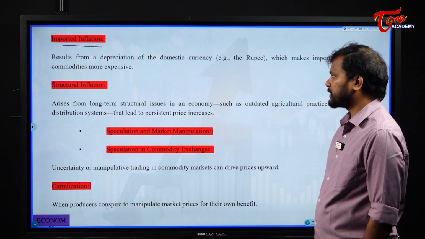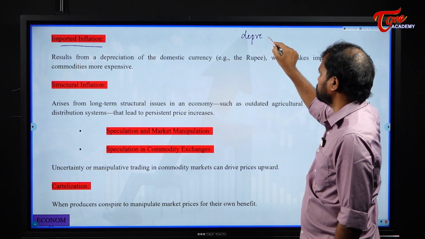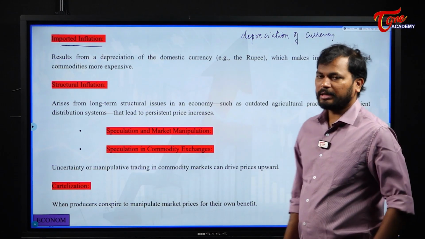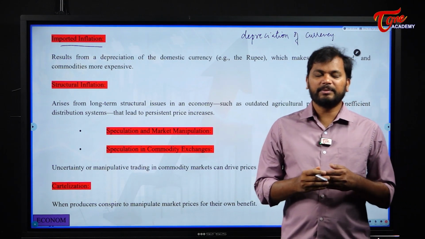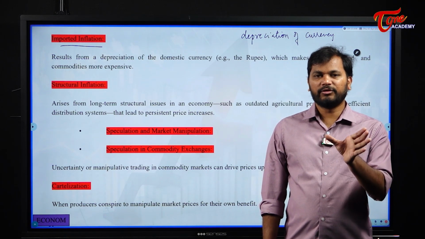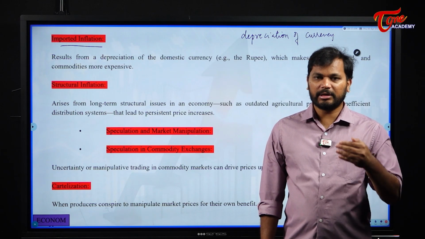Now, another type of inflation is imported inflation. Imported inflation is nothing but if there is a depreciation of the currency. Depreciation of the currency means that there is a decreased value of the currency, okay, due to market driven forces, the value of the Indian currency decreases.